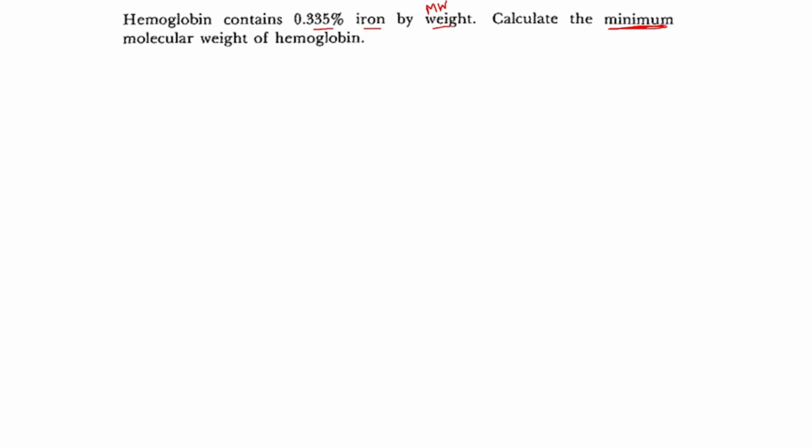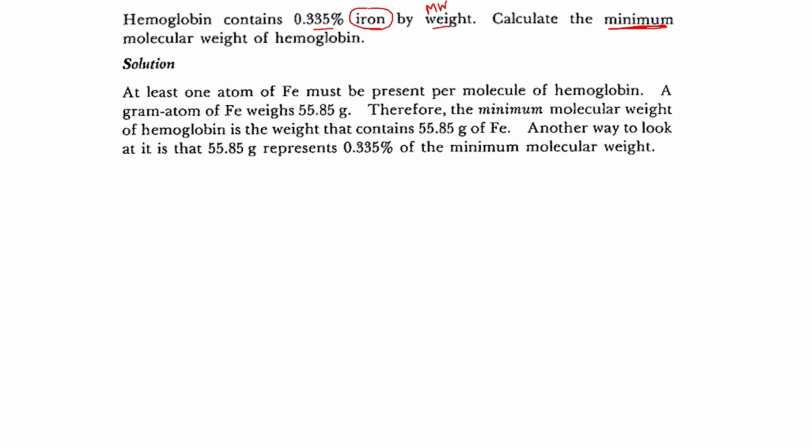Here, because they have only talked about iron and they haven't talked about the other elements or entities which might be present in hemoglobin, we will consider only iron. So our strategy will be, because we are interested to find the minimum molecular weight, that for the molecular weight of hemoglobin to be minimum, there should be at least one atom of iron, right?